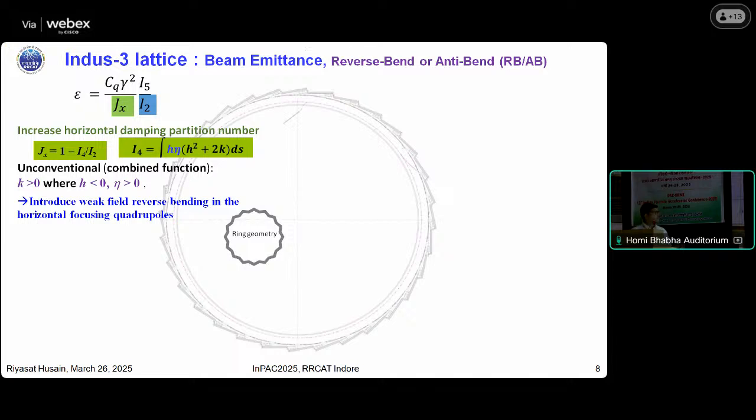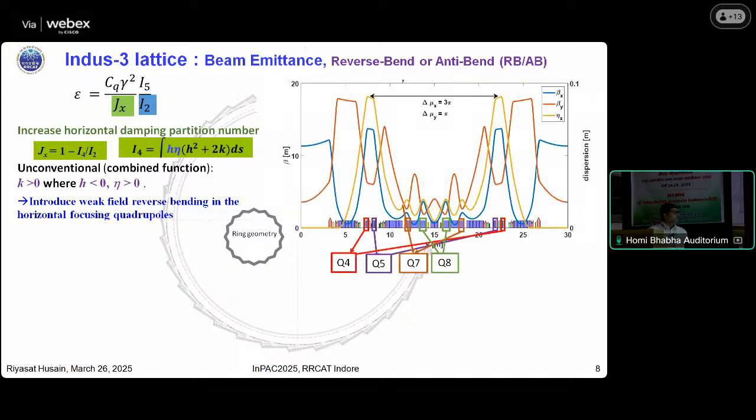If we see the ring geometry, it looks like this: positive bend, negative bend, and so on and so on. So there are the 4 quadrupoles, focusing in nature, in which the very small reverse bending has been introduced. And this bending is introduced by just shifting the quadrupole by a few millimeters. So these are not very special magnets.